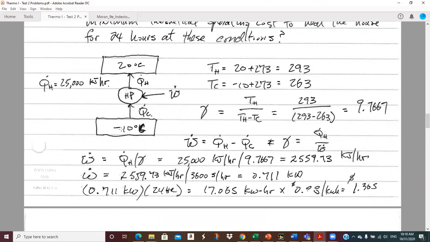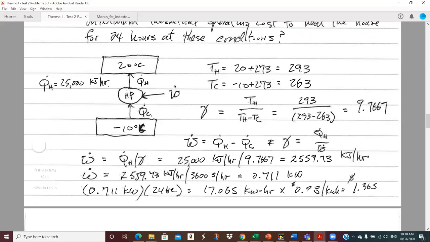It picks up energy at the low temperature. That and the work together is rejected into the high temperature space that we want to keep warm when it's cold outside. Okay, we're given degrees C. We have to work in degrees K, so we add 273 to both of them. So TH is 293 and TC is 263.